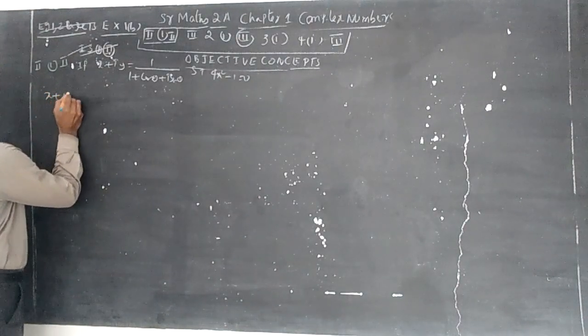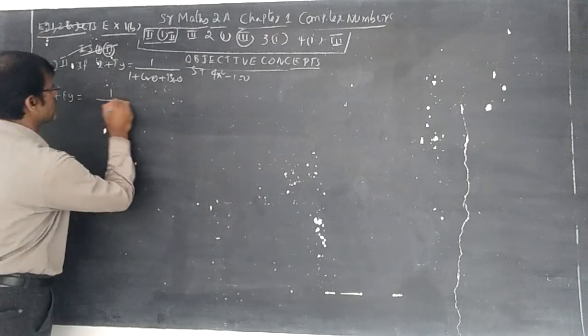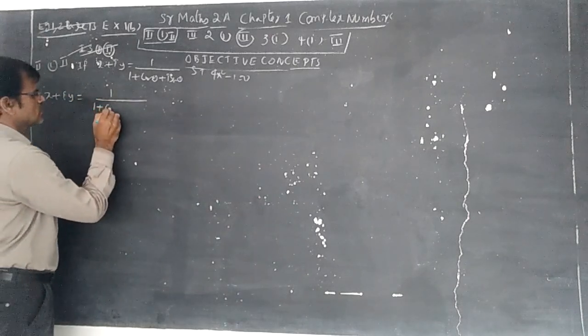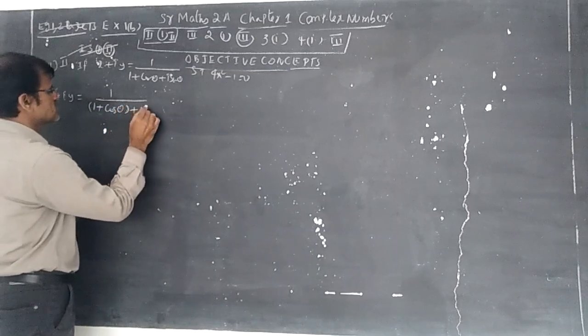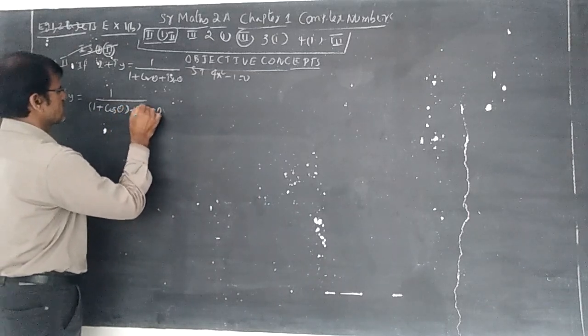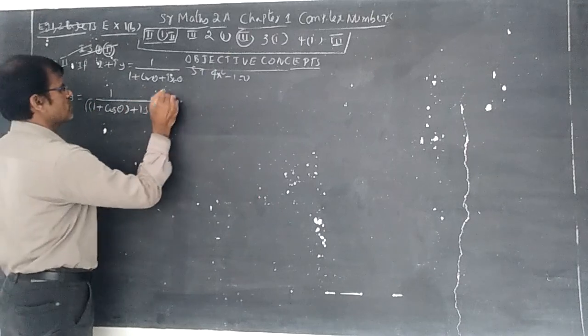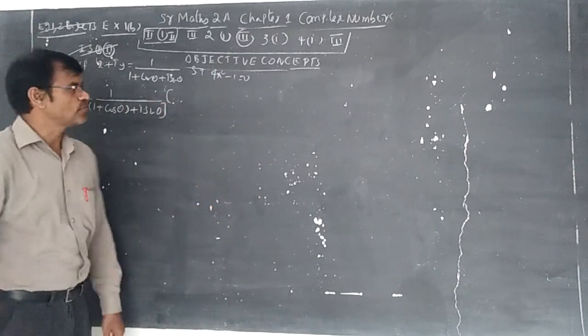x plus iy is equal to 1 by, write like this, 1 plus cos theta within bracket plus i sin theta within bracket. Multiply with the conjugate complex number.